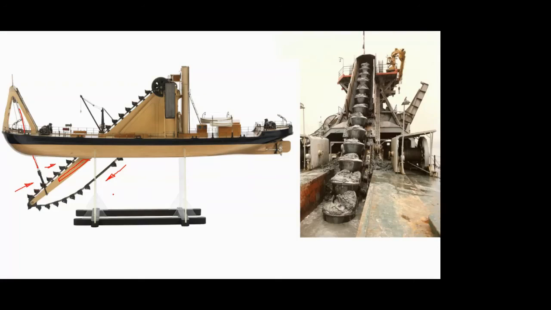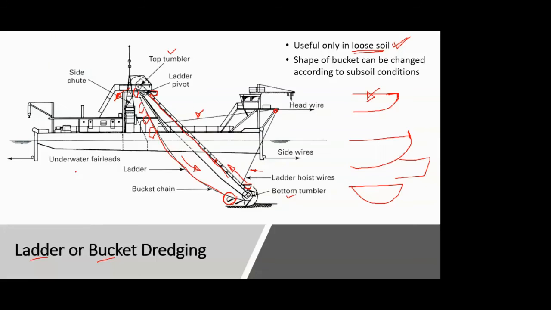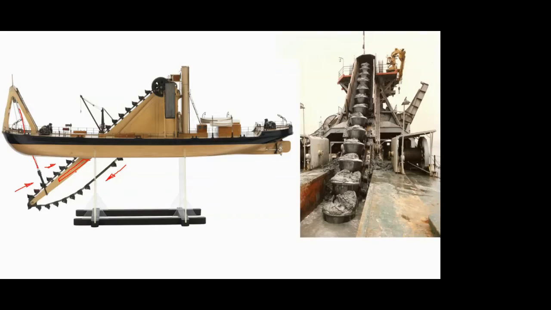Okay, so you have a restriction on the depth, so this is generally used for a lower depth. Okay, and as I told you, the material which is excavated should be a loose one, otherwise the bucket will not get filled and the dredger will not be useful.